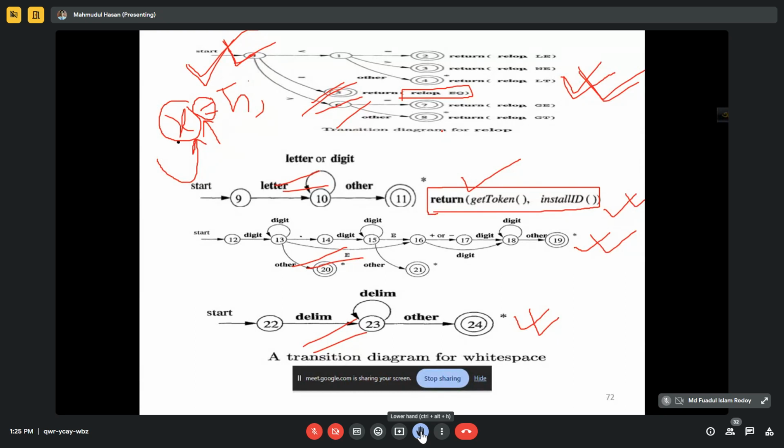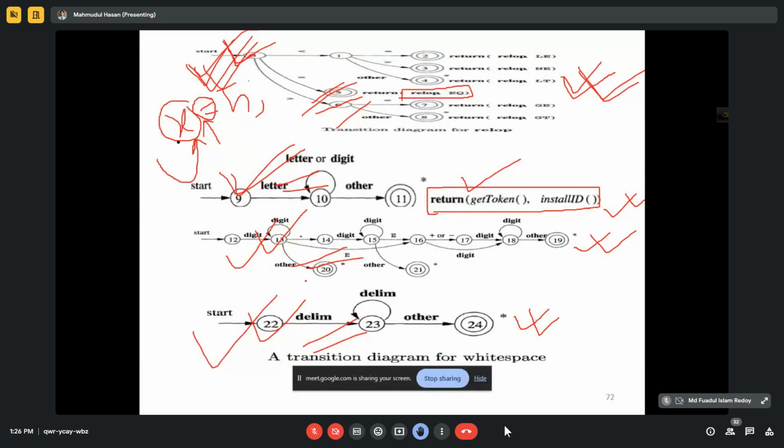Okay, so this is an approach. If you think about this one, it is sequential. That means at first one, then the second transition diagram, then the third, then the fourth. But there is another way, that is parallel. Parallelly all the transition diagrams check whether it is possible to accept. If it is possible to accept, then simply accept. The first one is sequential, the second is parallel, and the third is a combination.